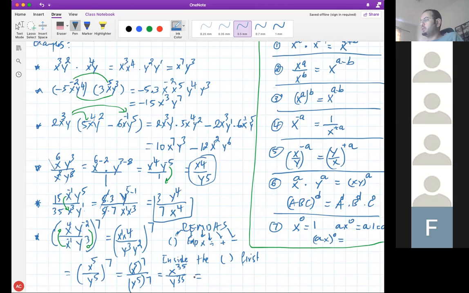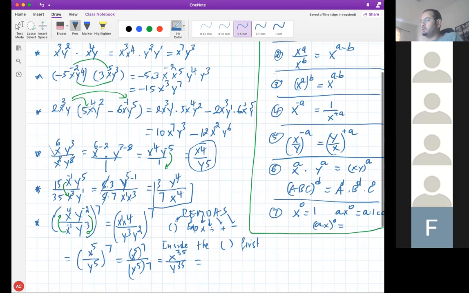We can put them together now because they happen to be the same power. If you remember this rule here, if two different bases have the same power, we may combine them together in parentheses to the same power. We could have done that after simplifying, but again, I'm just trying to show you all the steps with all the rules.